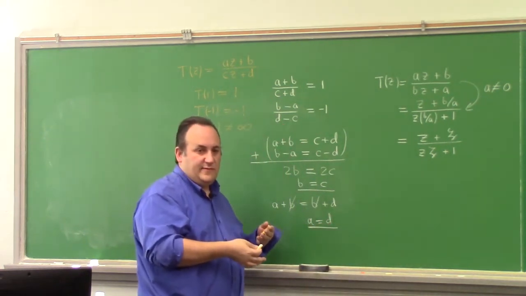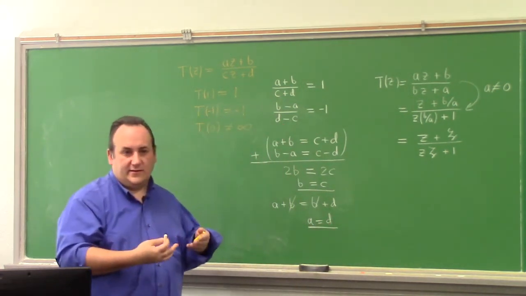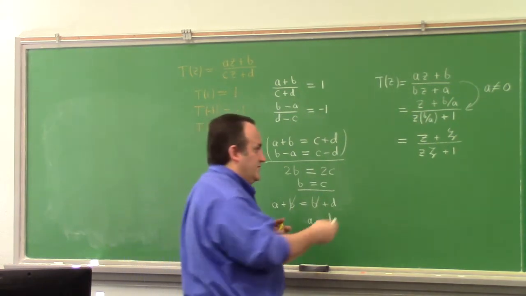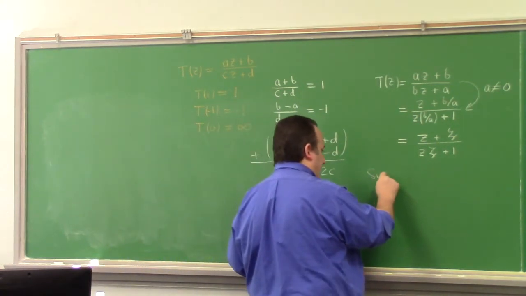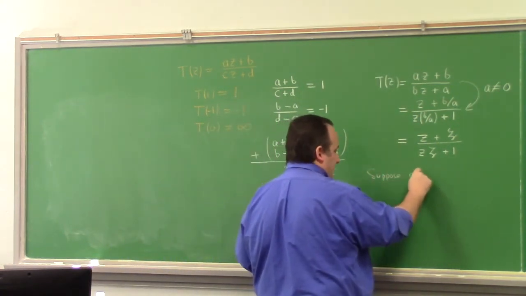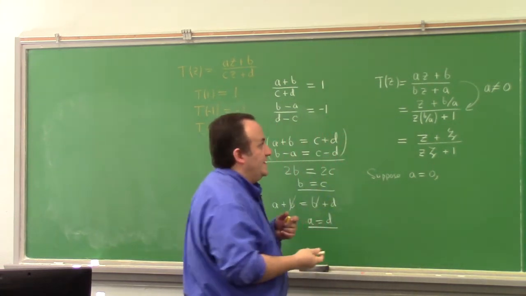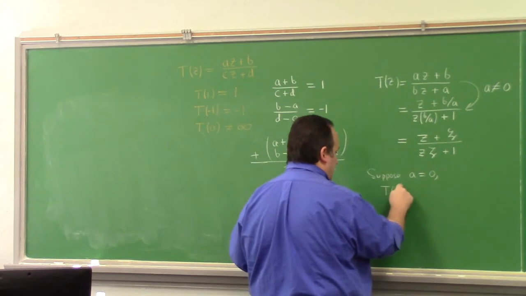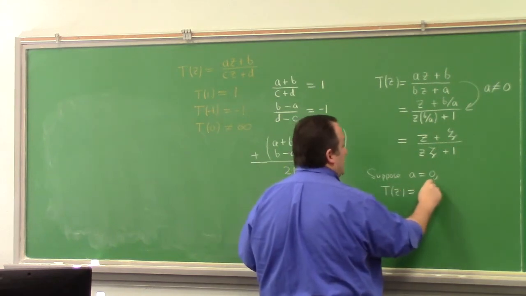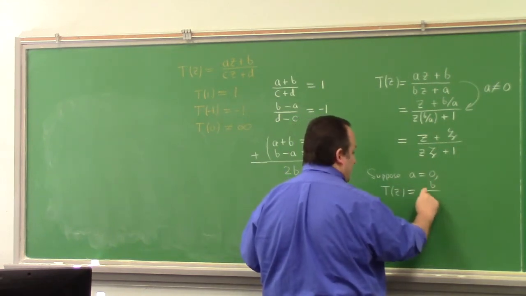So then the question remains, why is a not equal to 0? So suppose a was equal to 0 towards a contradiction, right? What would that give us? That would give us T of z equals to what? b divided by bz, right?